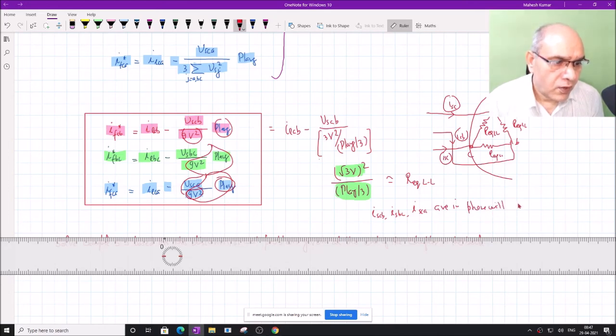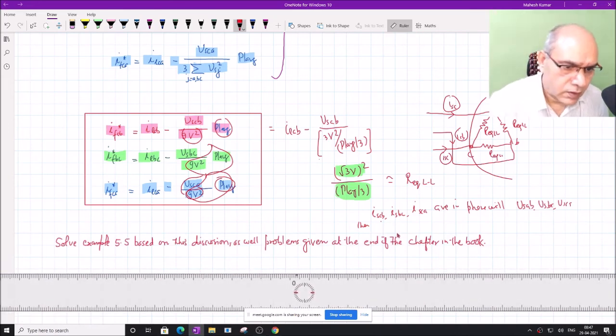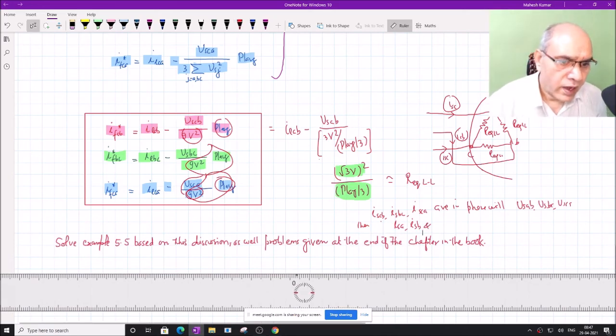with VSAB, VSBC, VSCA, then ISA, ISB and ISC are also in phase with VSA, VSB and VSC.